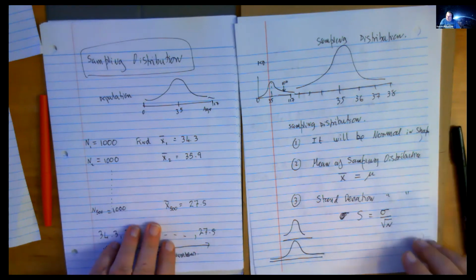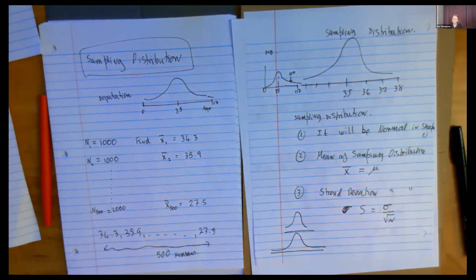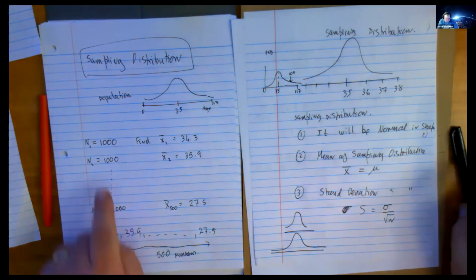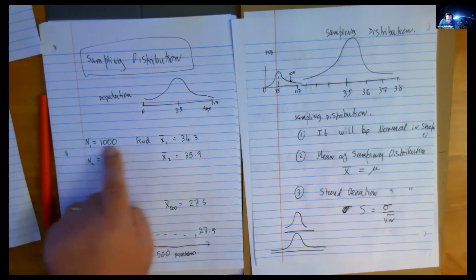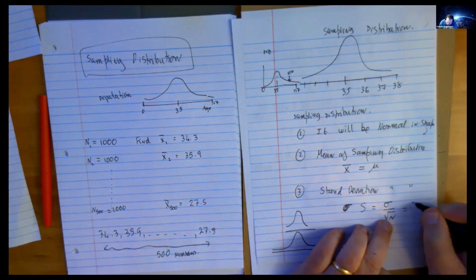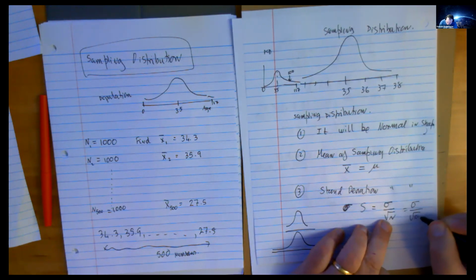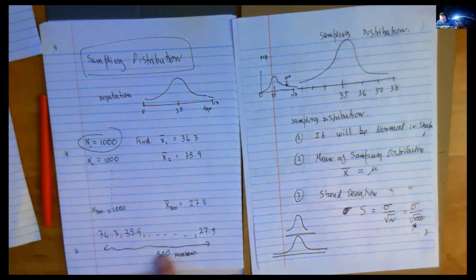Are we good? The standard deviation is sigma divided by the square root of n. Yeah, n represents the sample size for one sample. So in this case, you see the sample size is 1,000. So if I use this as an example, it would be sigma over the square root of 1,000. 1,000 is this fella. It doesn't represent that number there.